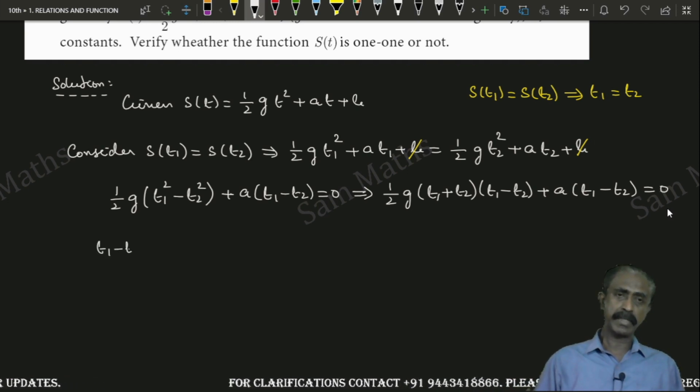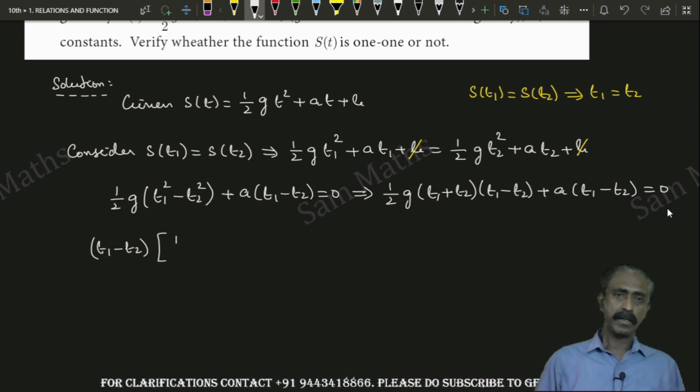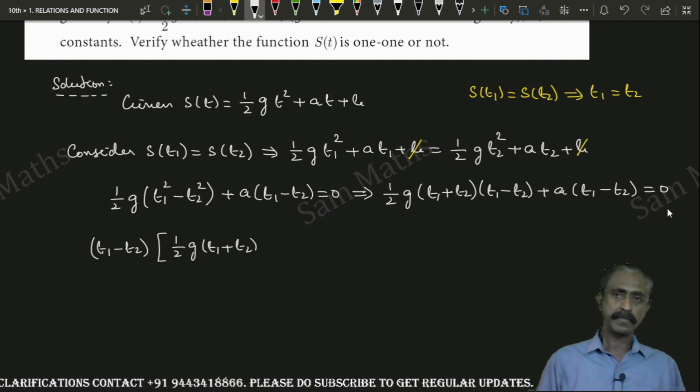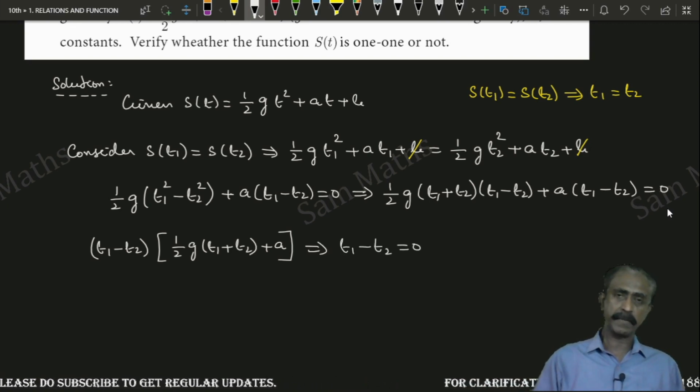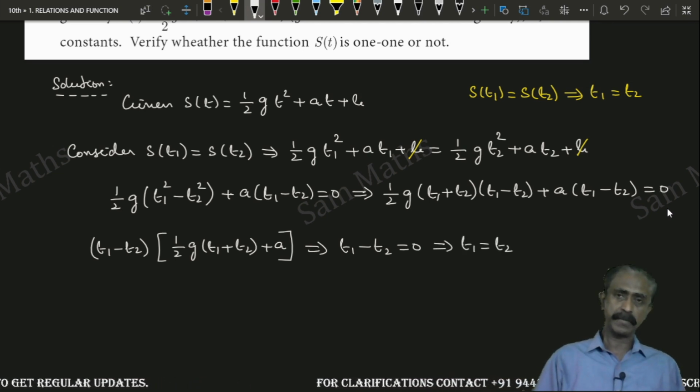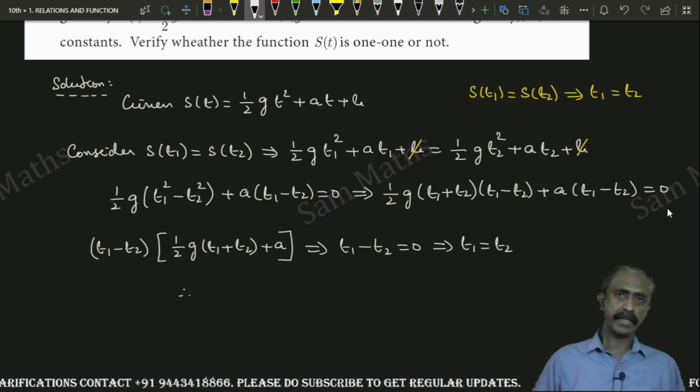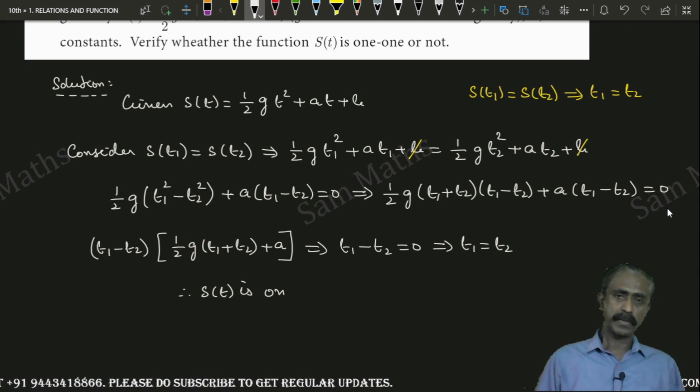So t1 minus t2 into half g into t1 plus t2 plus a, which implies t1 minus t2 is equal to 0, which implies t1 is equal to t2. Therefore, we can conclude s of t is 1-1.